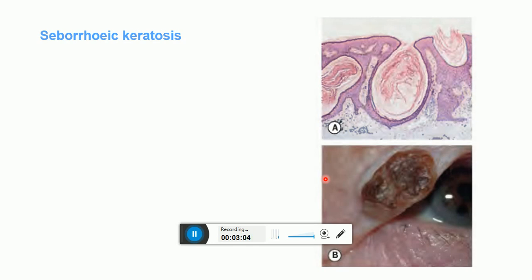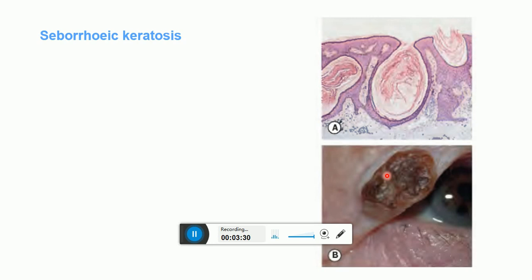This is an extremely common, slowly growing lesion found on the face, trunk, and extremities of elderly individuals. Discrete light to dark brown plaque with a friable and greasy verrucous surface, stuck on appearance.